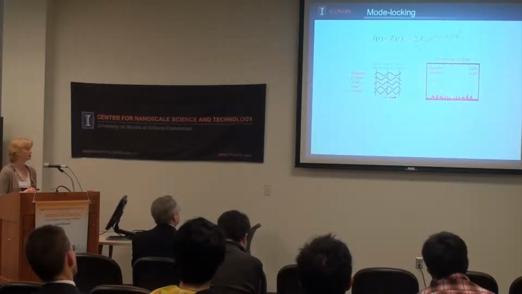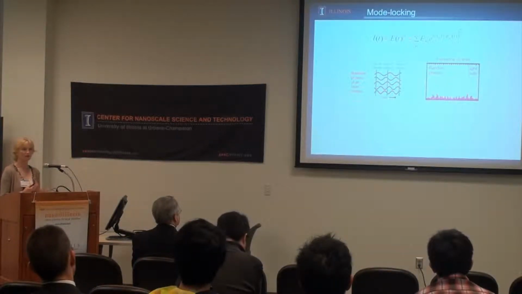And the output you get is CW with some noise on top of it. As the phase relationship between the modes changes, the way that this adds up changes slightly, so you get some noise on top of the CW.